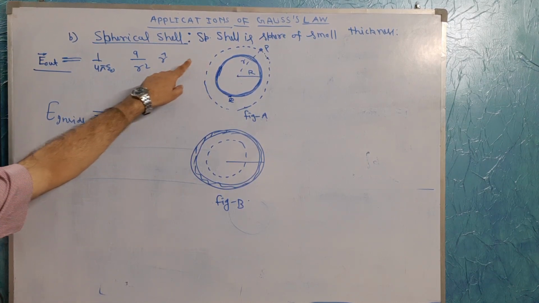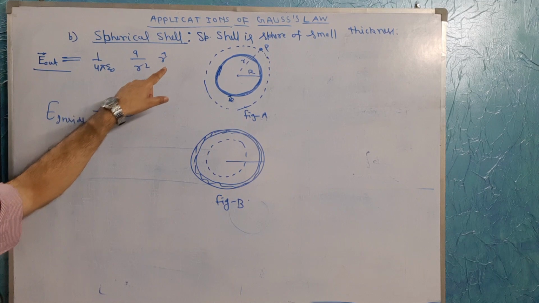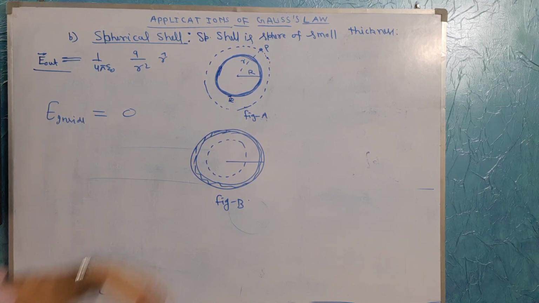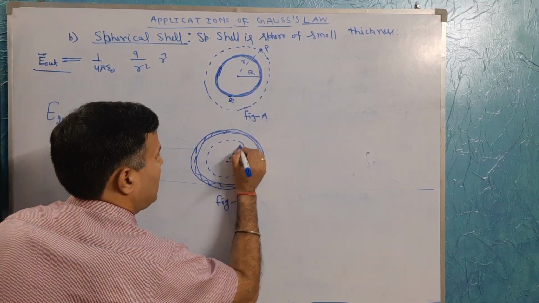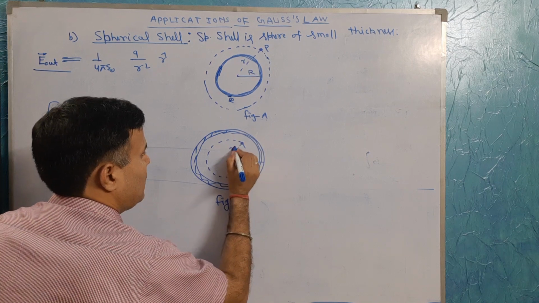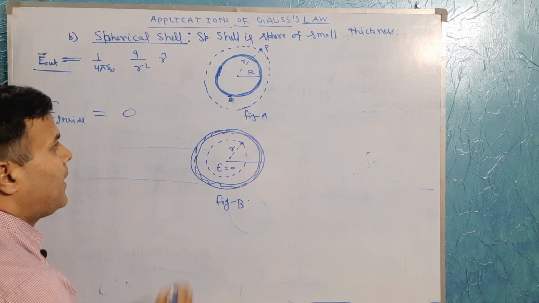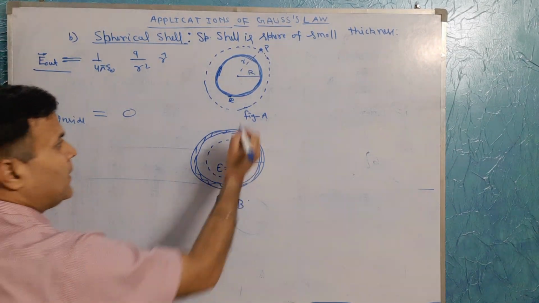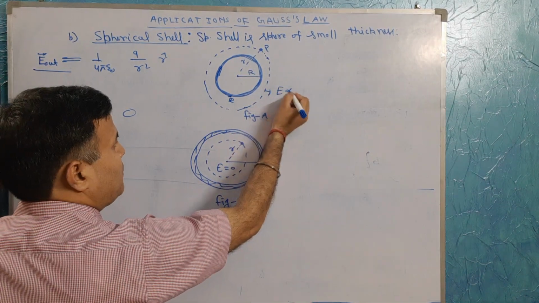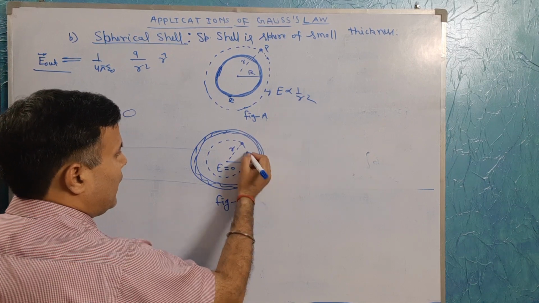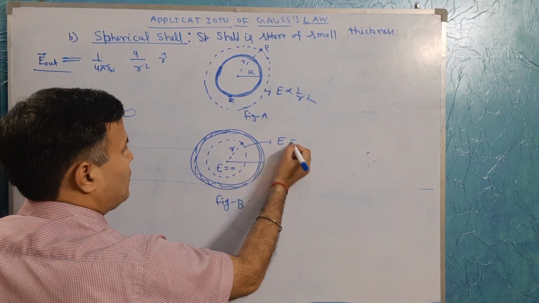In this case we have a point charge, where E is proportional to 1 by R square, and in this case E is equal to 0.